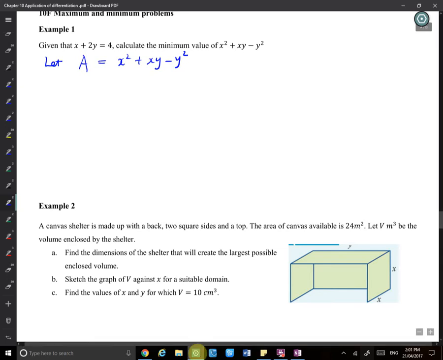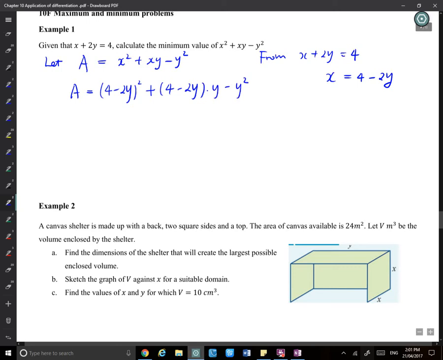From x plus 2y equals 4, you know that x equals 4 minus 2y. You substitute that back in. I don't want two variables. So I will have (4 minus 2y) squared plus (4 minus 2y) times y minus y squared.